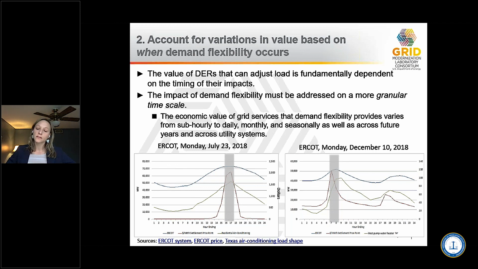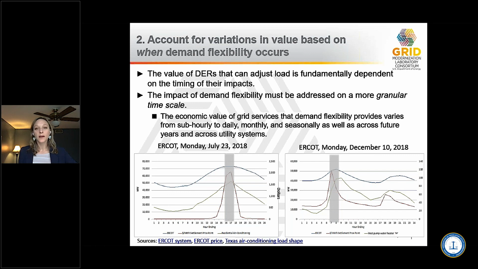So the blue line goes with the axis to the left, and the red line goes with the axis to the right. And then the green line in each one of these is an end-use load profile. And for the summer system, it's a residential air conditioning system, and for the winter system, it's a heat pump water heater.